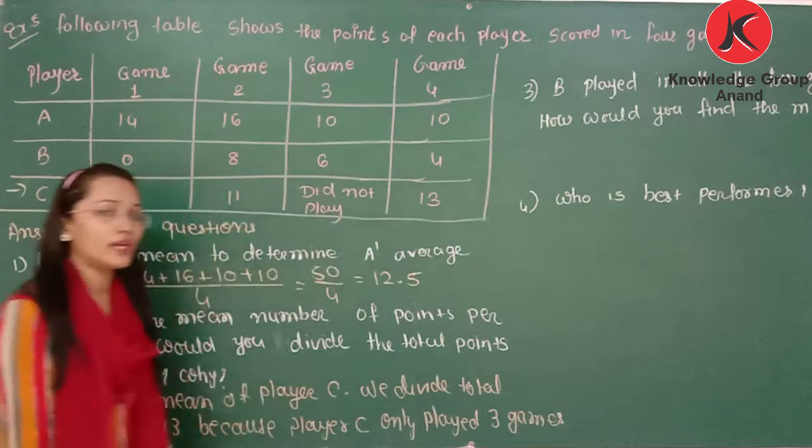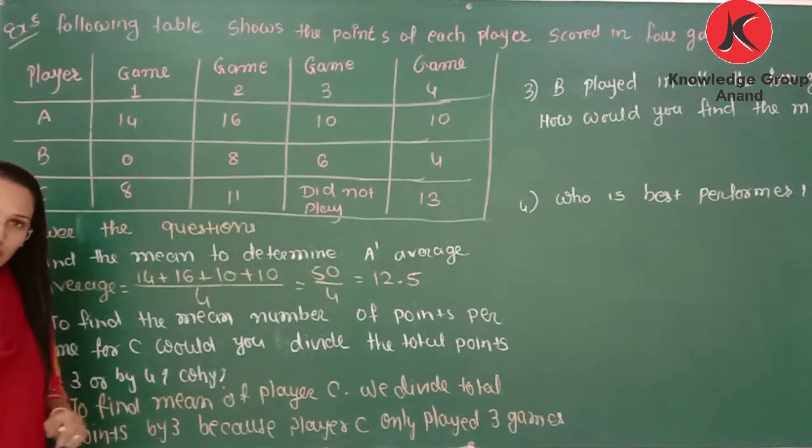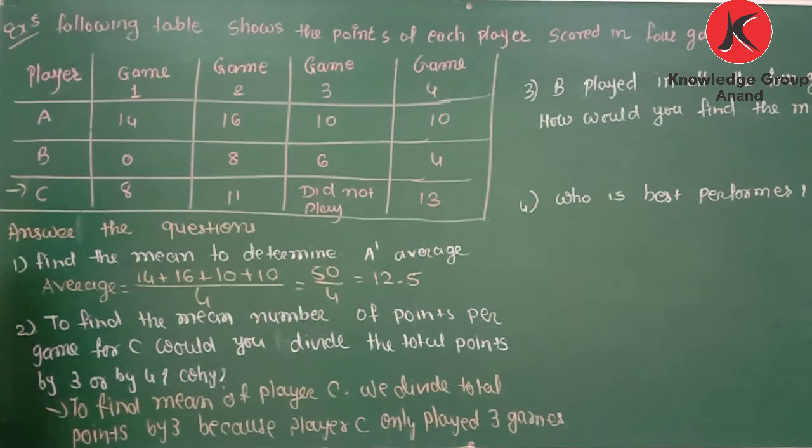Okay, he only played 3 games. So to find the mean, we take the sum of the 3 scores and divide it by 3.